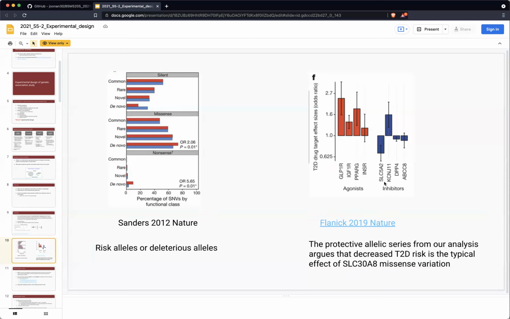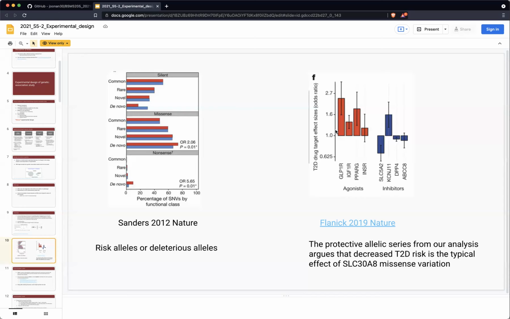And another study is the type 2 diabetes exome sequencing, published in Nature in 2019, quite lately, and that gives you the association between type 2 diabetes patients versus controls, right?